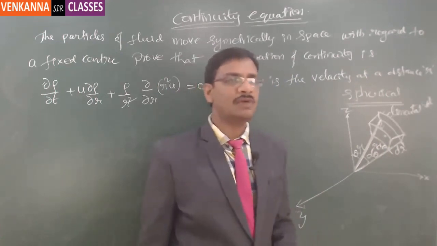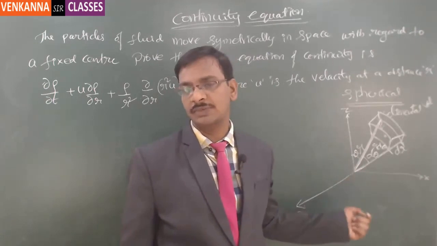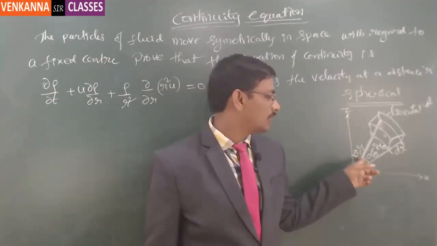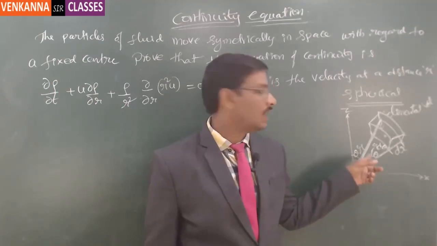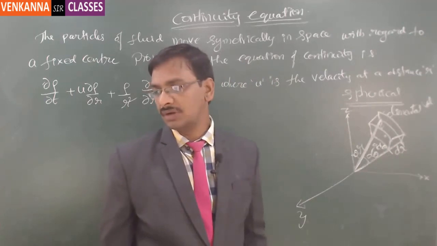So the elemental volume so constructed in case of spherical coordinate system, there has to be a length along the radial direction, there has to be a length along the theta direction, and there has to be a length along the phi direction as well. Got it or not?